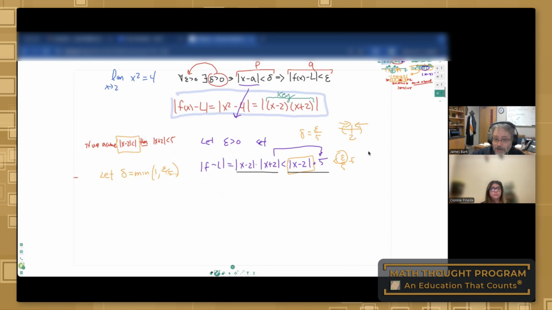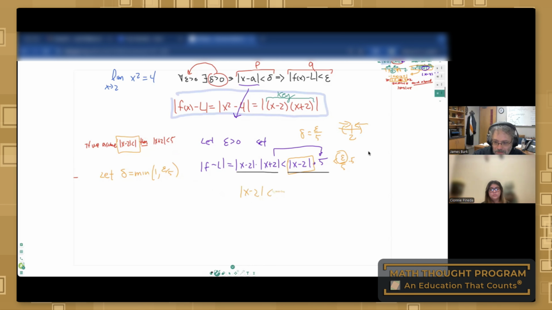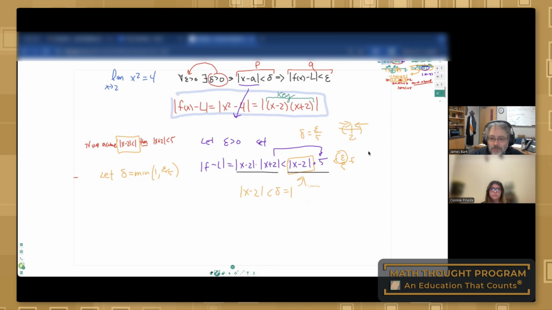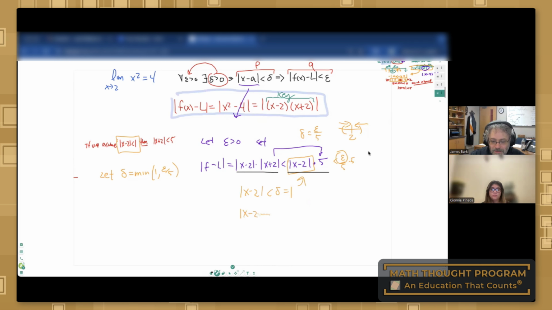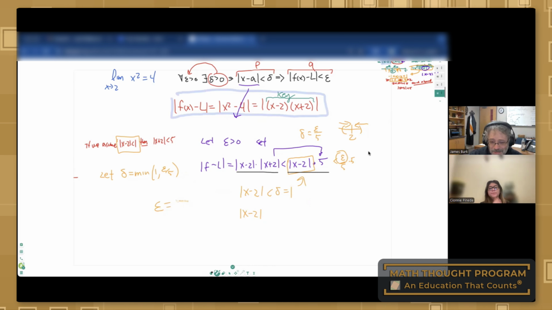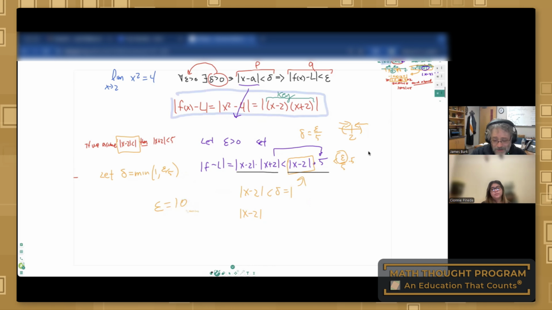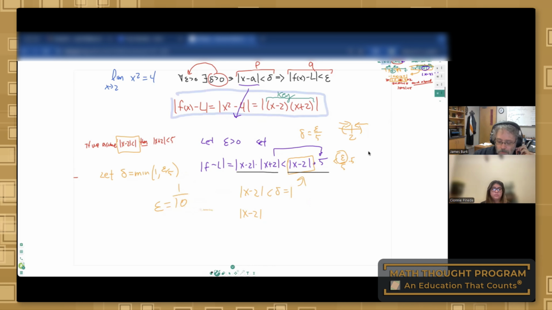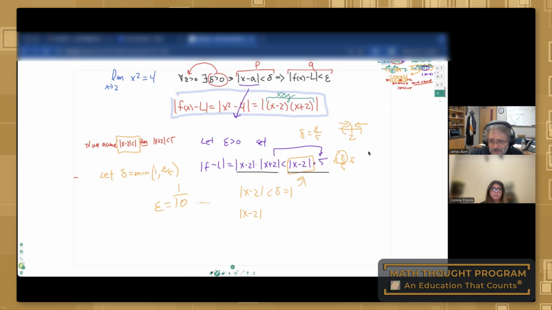then I know whenever I'm looking at |x minus 2| less than delta, and delta is 1 because it's the minimum, this is going to work. Now, in the event when it's epsilon, and maybe that's something like 10, or since it's arbitrary, it might be something like 1 over 10, it's just something that's going to be positive.